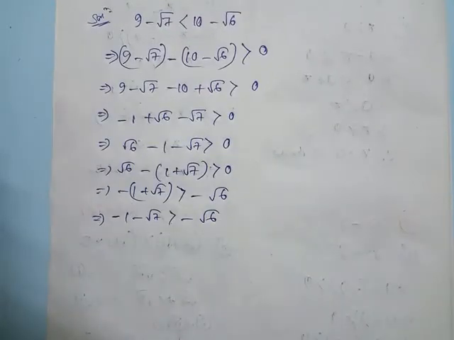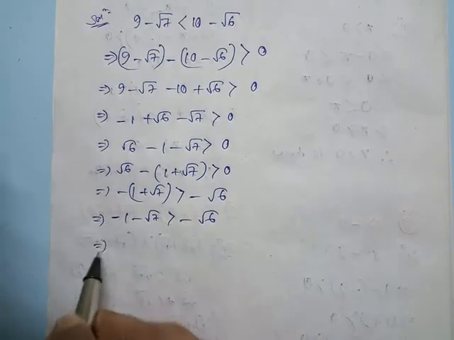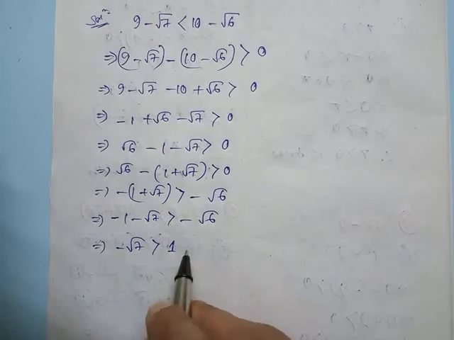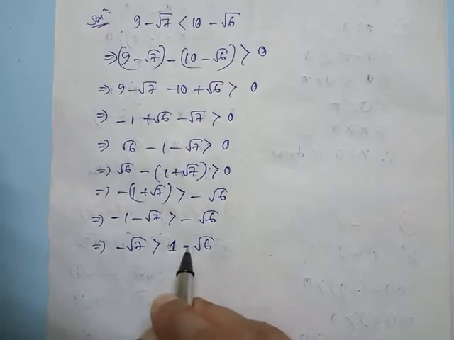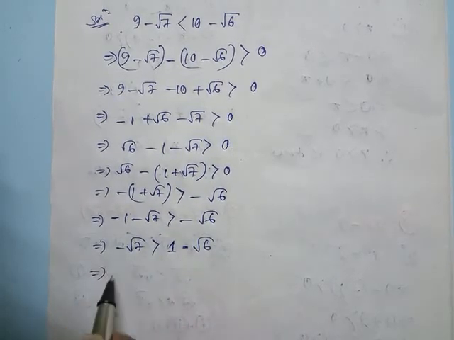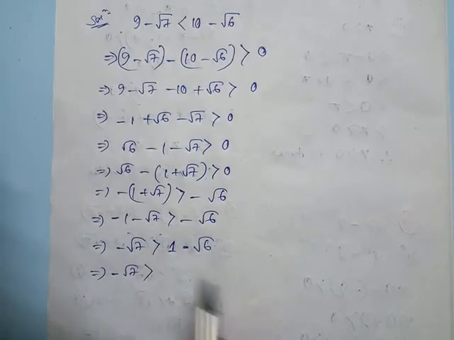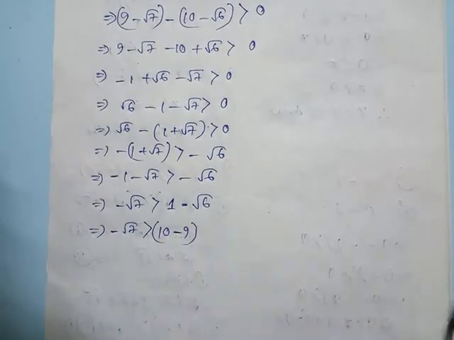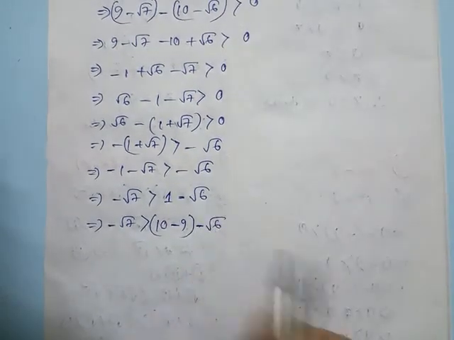Now look, if I take 1 on that side, this becomes plus and this is minus. So here minus root 7, and 1 can be written as 10 minus 9. I repeat again, 1 can be written as 10 minus 9, and here it is root 6.